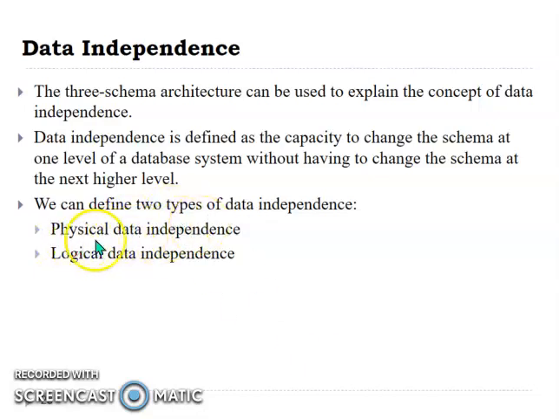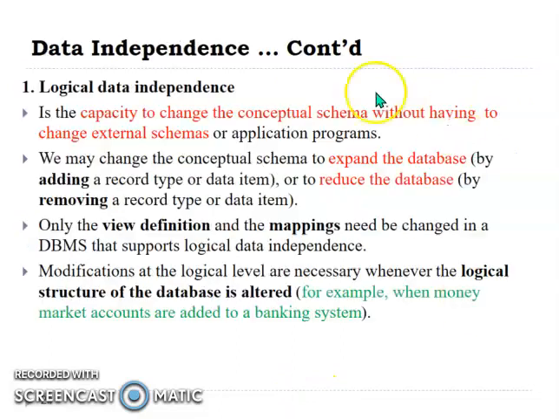In the case of data independence, we have physical data independence and logical data independence. Logical data independence is the capacity to change the conceptual schema without having to change the external schema. Whenever we change the conceptual schema, if there is no change on the external schema or the application, that's what we call logical data independence.